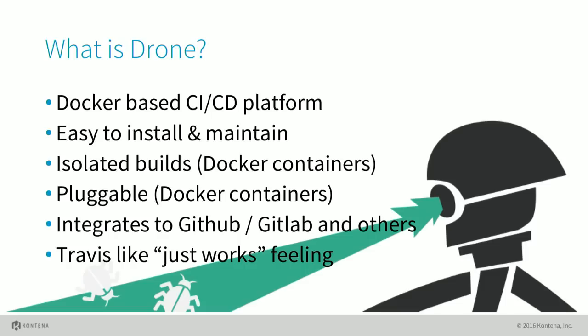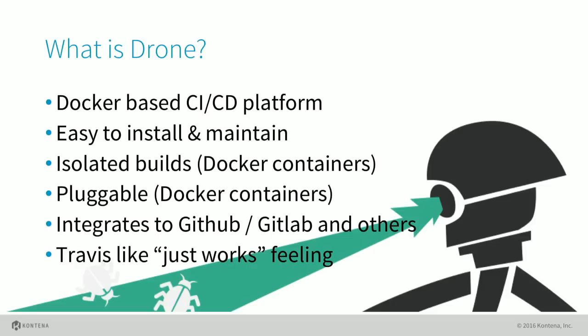So let's take a look at the second big topic for today. Drone IO. Drone IO is a really cool, quite new continuous integration platform. The way drone is built, it's fully Docker based, which makes it really easy to install and maintain.